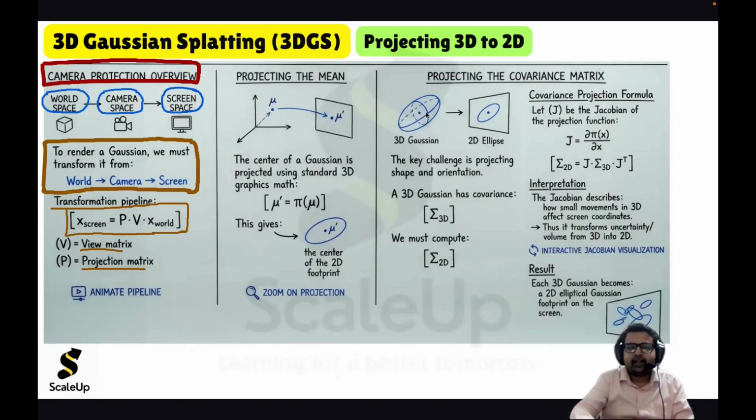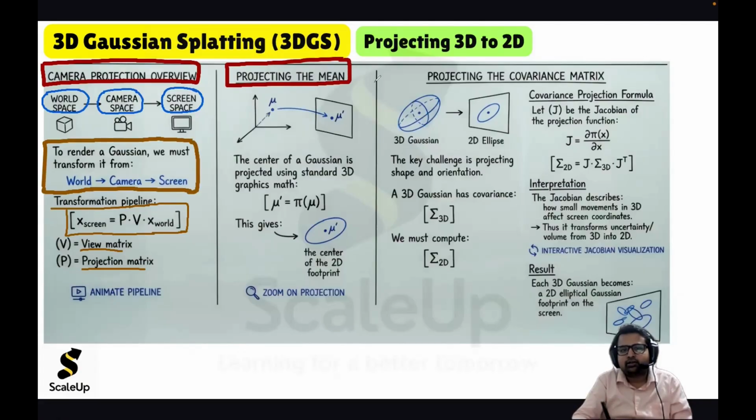Now see, when converting a 3D Gaussian into 2D, like projecting the 3D Gaussian on a 2D surface, you have to project the mean, the center, and also the covariance matrix. So two things we have to do: project the center, that is the mean, and the covariance matrix. Let us understand how we can project the center, the mean. That is very straightforward.